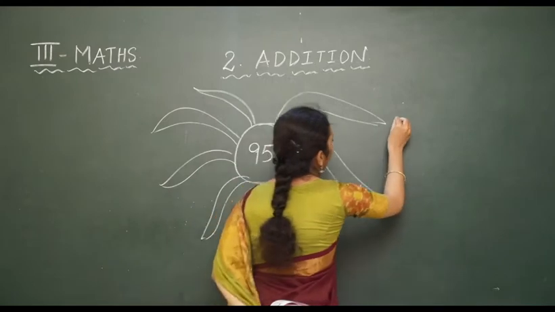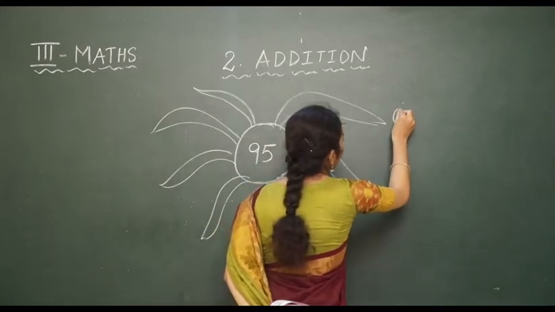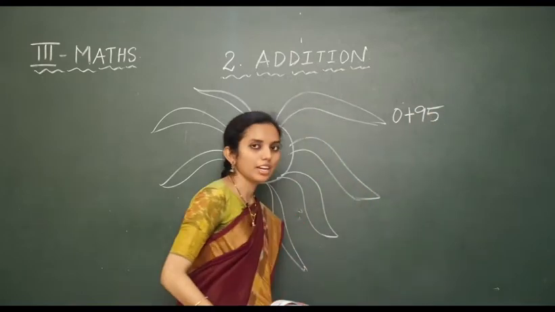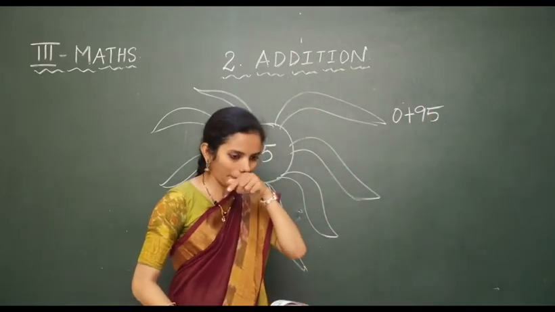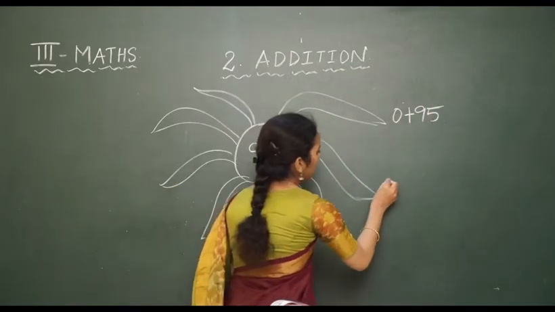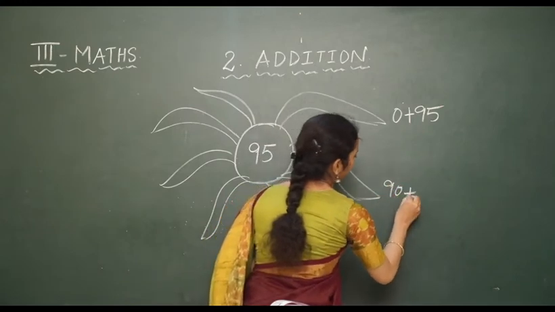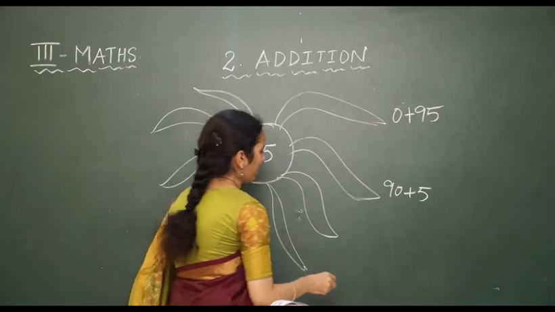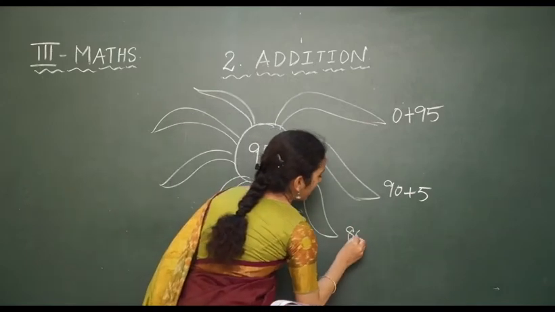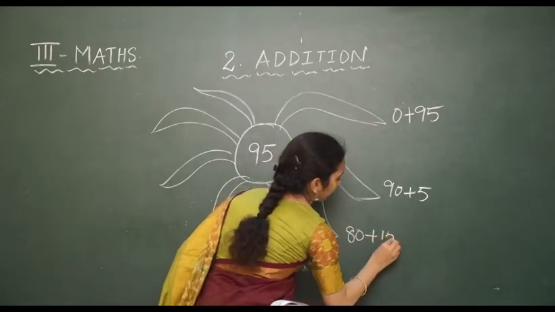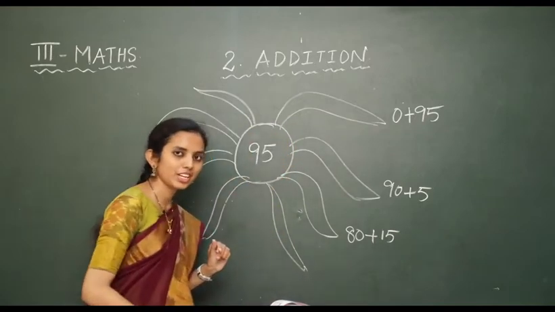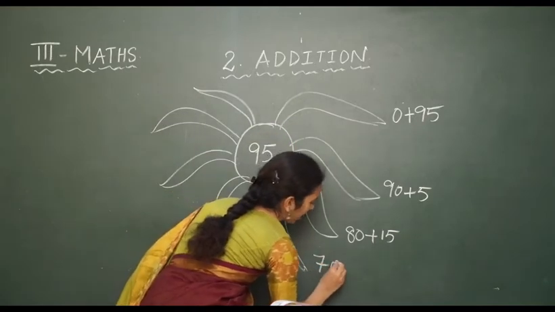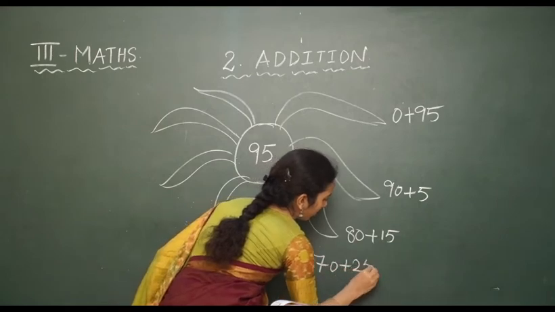First of all, we can represent it as 0 plus 95. 0 plus 95 is 95, and 90 plus 5. 90 plus 5 is 95, and 80 plus 15. 80 plus 15 is also 95, and 70 plus 25.